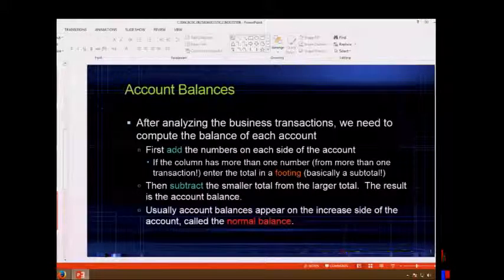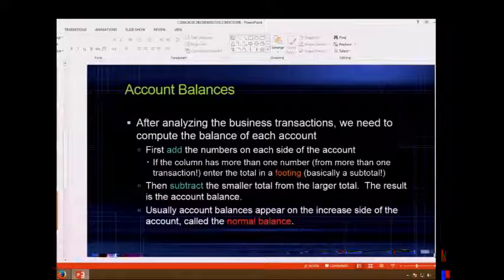Page 61 has a picture at the top that shows the different types of accounts with balances. Okay? Balances are important because I have to know the balances before I can do the statements, right? Okay? And it says after analyzing the business transactions, we need to compute the balance for each account.